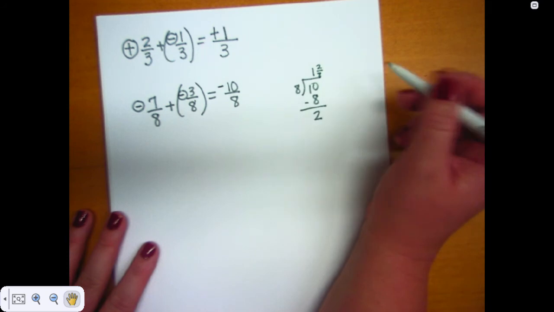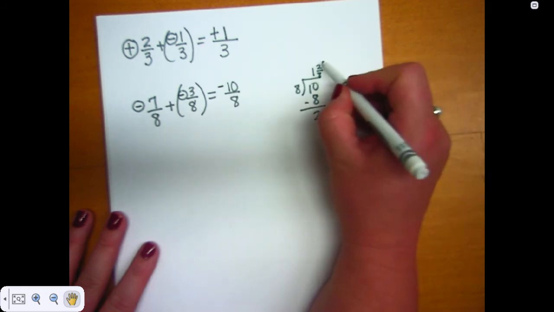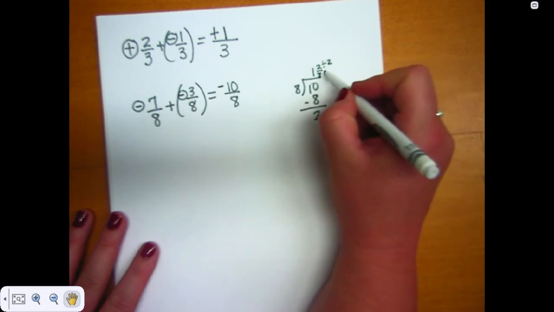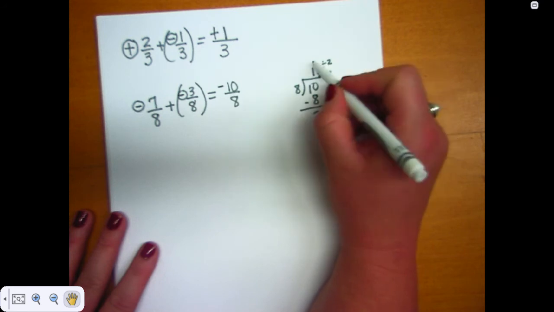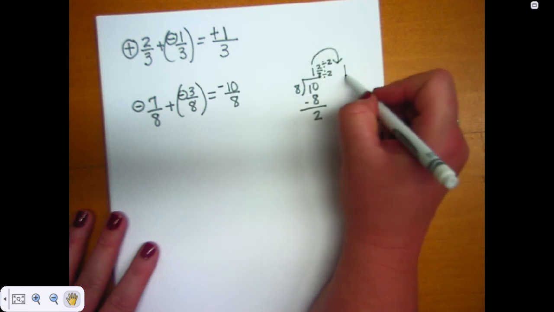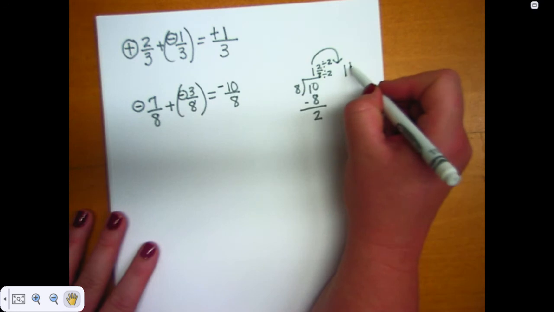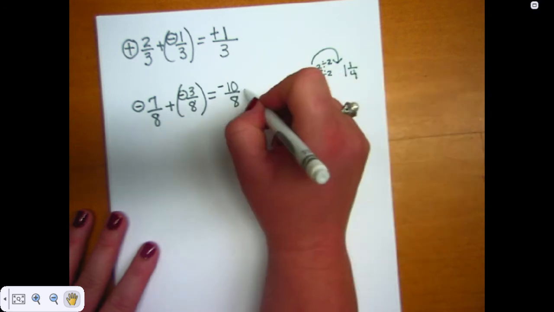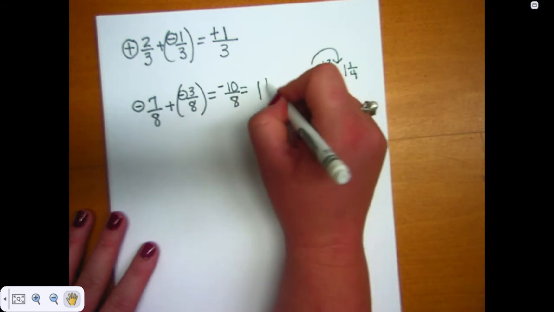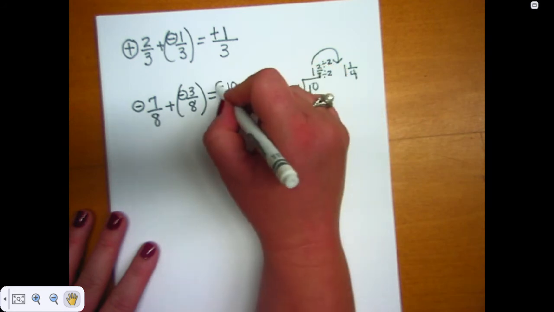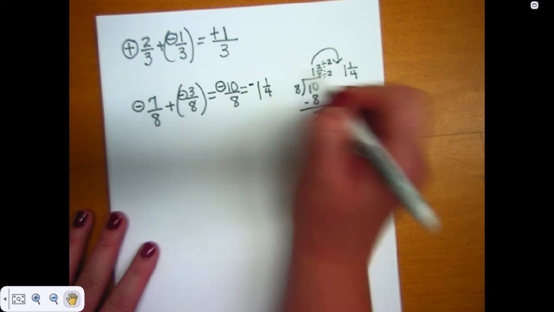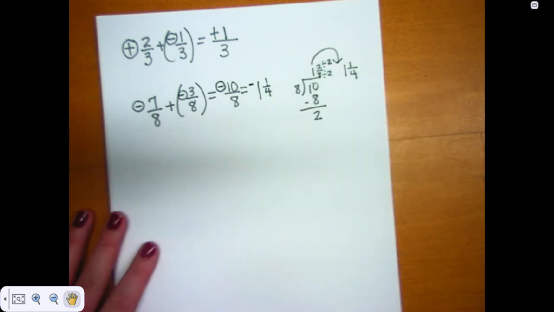Now, I know that 2/8 I can divide the top and bottom by 2 because they're both even. Bring my whole number over. 2 divided by 2 is 1, and 8 divided by 2 is 4. And so I bring it over here. 1 and 1/4. And don't forget, it's negative, so your answer is still negative.